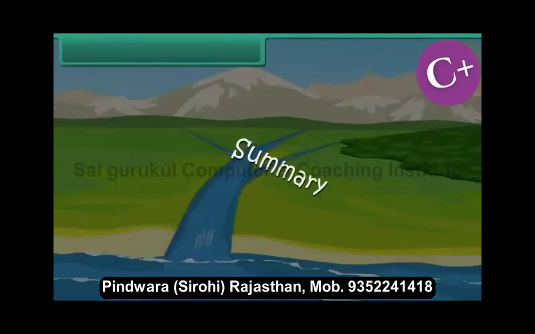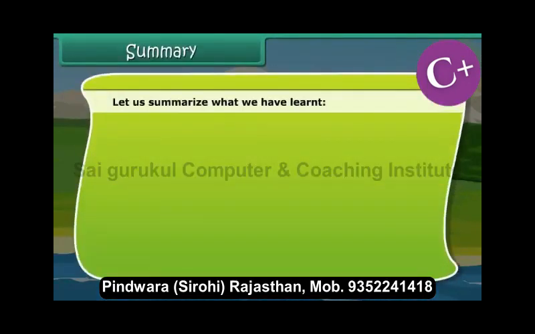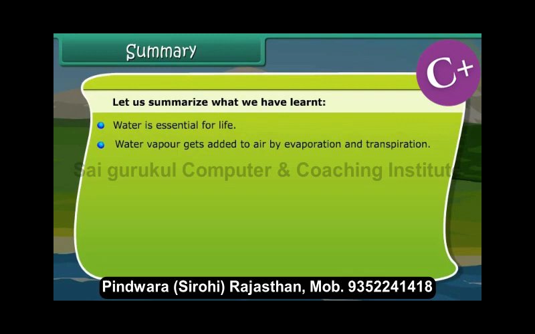Summary. Let us summarize what we have learned. Water is essential for life. Water vapor gets added to air by evaporation and transpiration. The water vapor in the air condenses to form tiny droplets of water which appear as clouds.